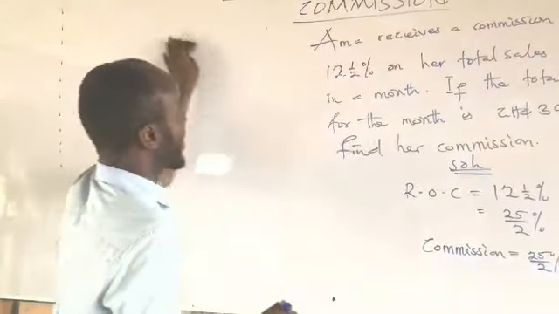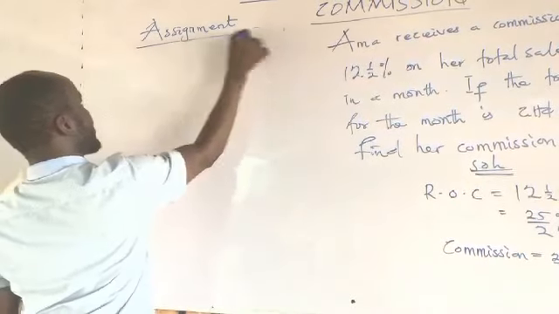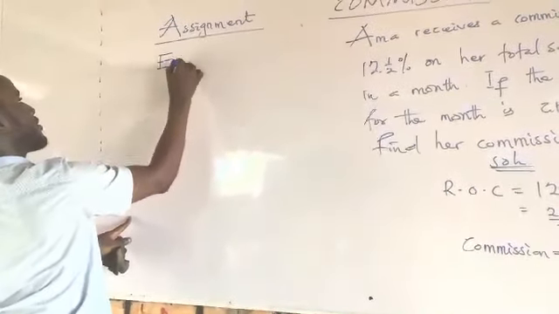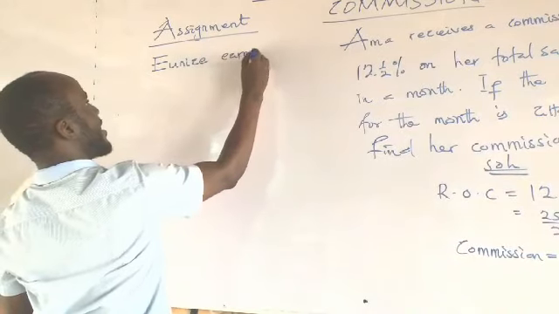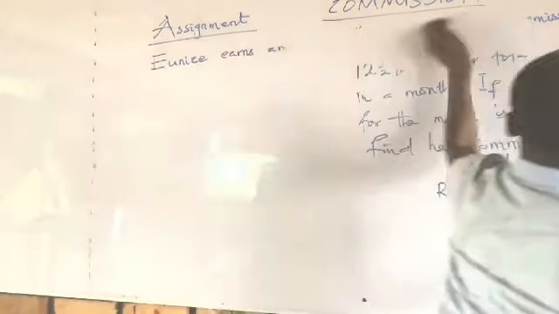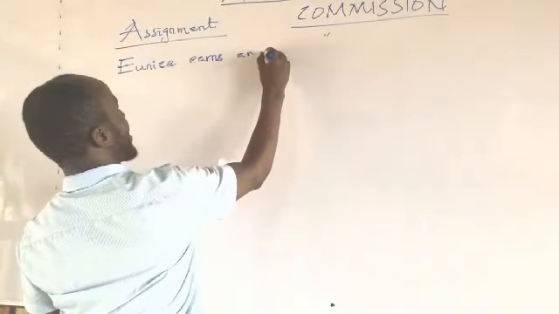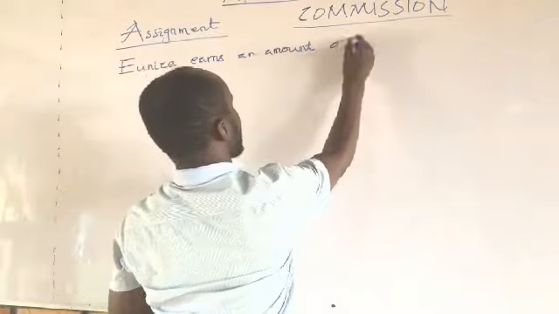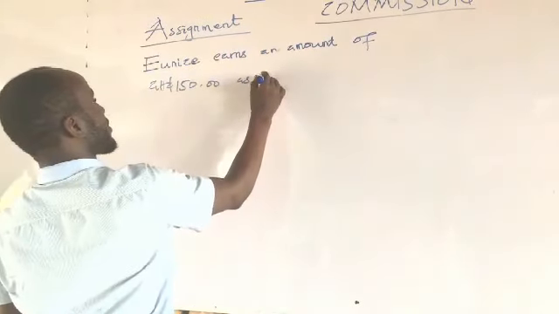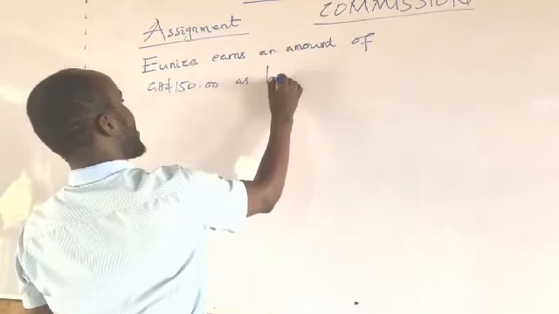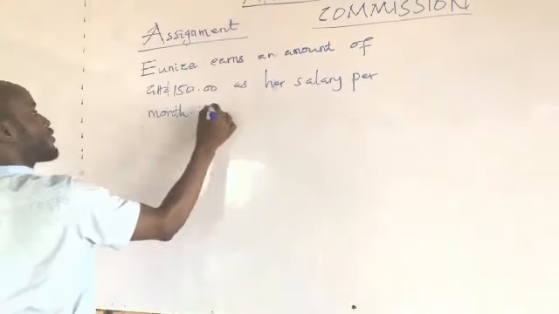Alright, so let's take a quick assignment here. Eunice earns an amount of 150 Ghana cedis as her salary per month. Full stop.